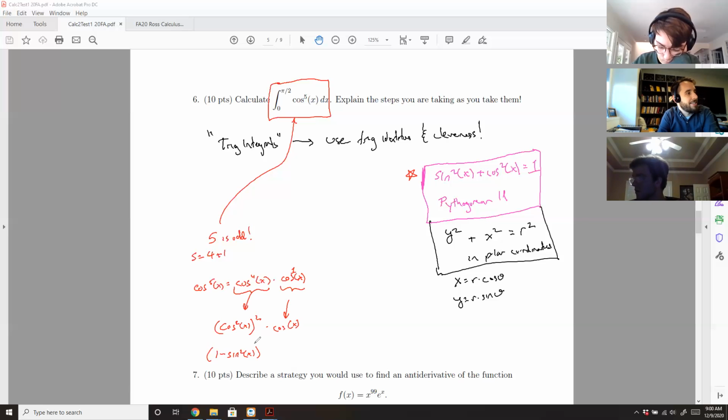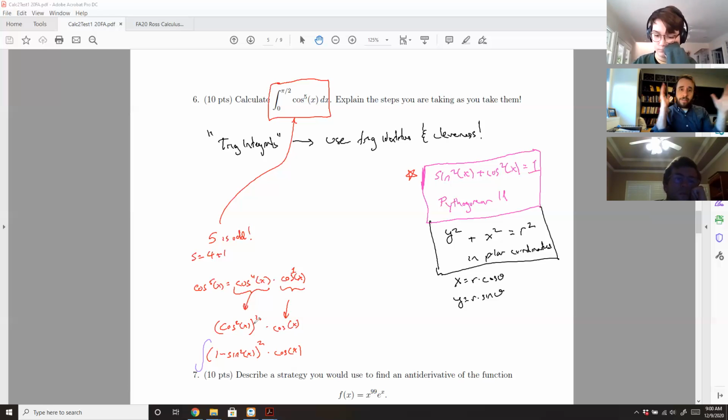So 1 minus sine squared quantity squared times cosine of x. Right, so the deal there, again, was that what we now have is an integral we're trying to compute, but instead of having that strange cosine to the 5th, we have a bunch of stuff involving sine times a single cosine. And so this is a moment that is ripe for U substitution from way, way back.